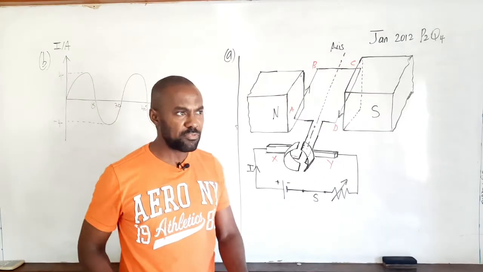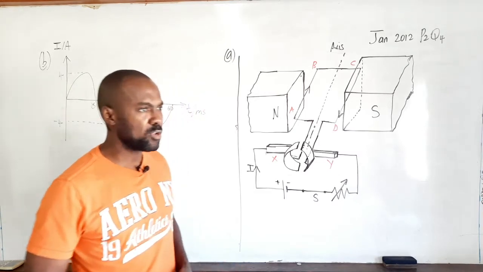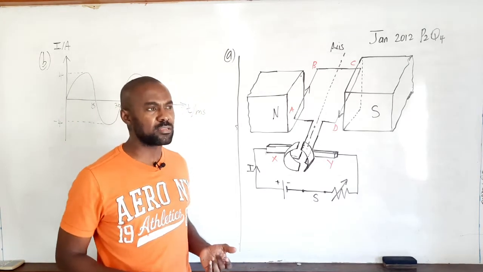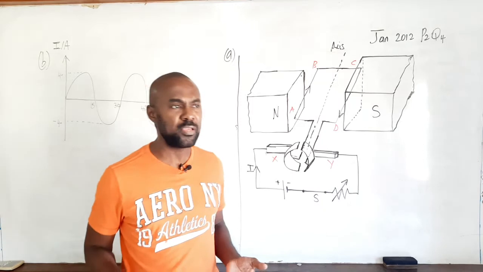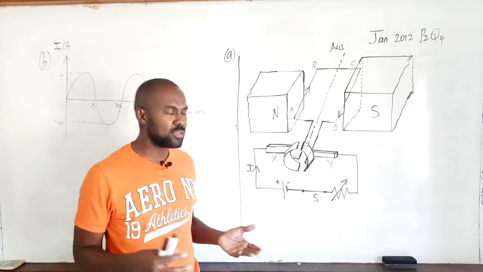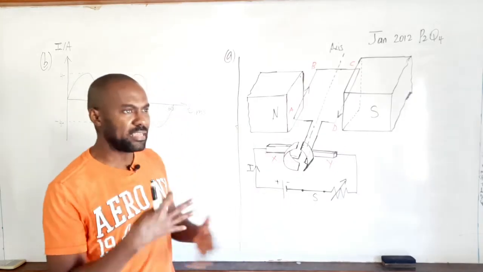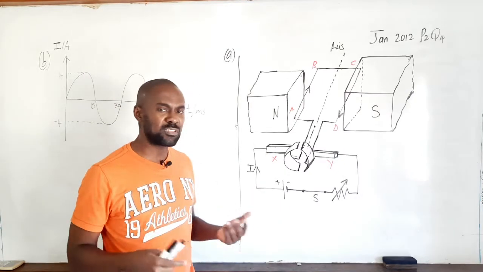Now we know from magnetism and magnet effects that whenever there's a current carrying conductor placed within a magnetic field, the field present around the conductor due to the current flowing and the magnetic field in which the conductor is placed will interact, and as a result a force will be exerted.